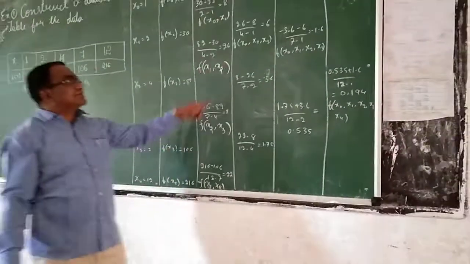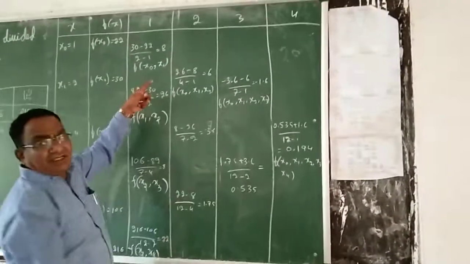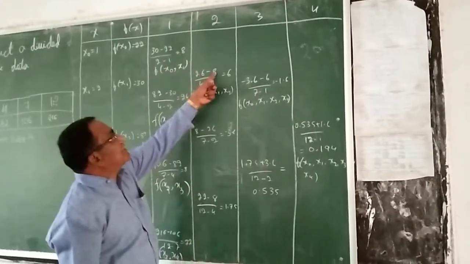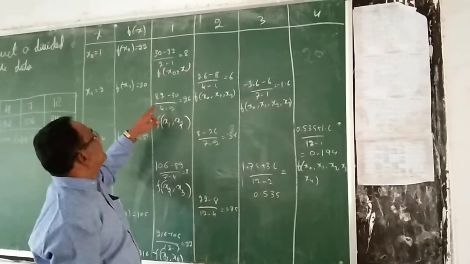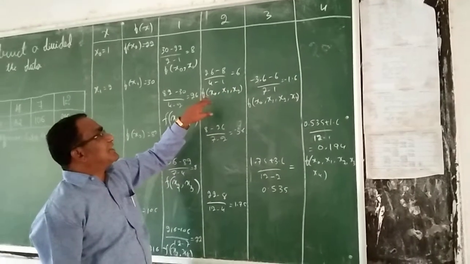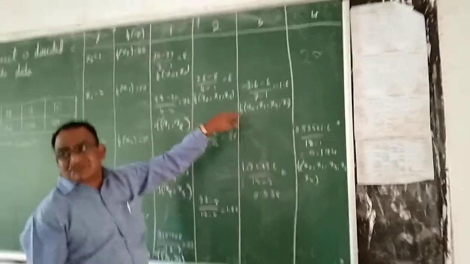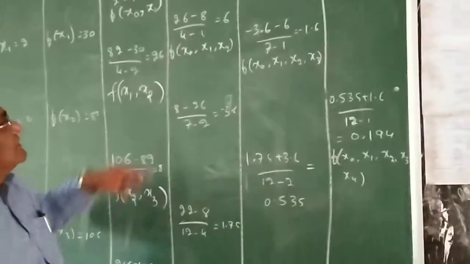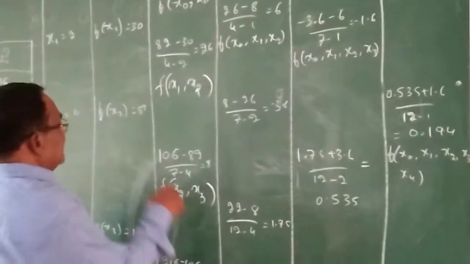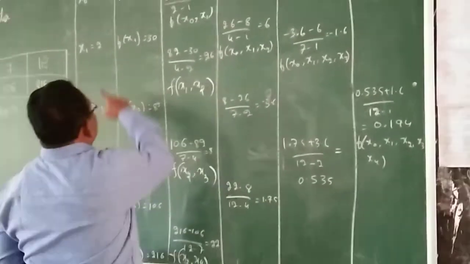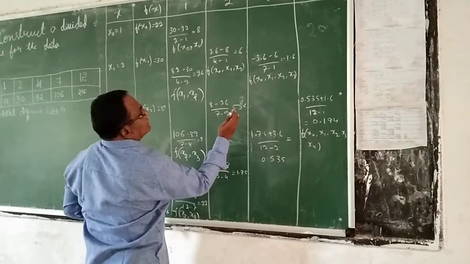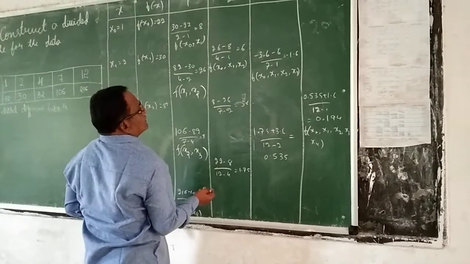Right? Next, the third column, the second order differences, same type. In the case of Newton's forward difference formula, it is 26 minus 8 divided by 4 minus 1, which is equal to 6, and it is denoted by f of x0, x1, x2. And similarly, this one, 8 minus 26 divided by 7 minus 2, is equal to minus 3.6.